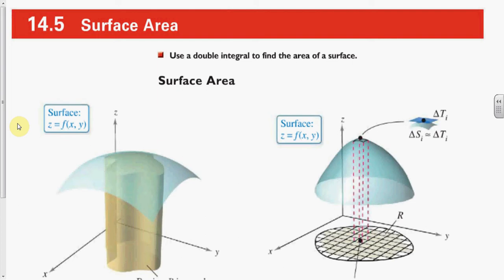Now the question is, take some surface and look at it at a particular point: is that the same as its tangent? Well, if that tangent vector is enlarged, you may say no, that's not the same, because this tangent vector is going to give us a plane.